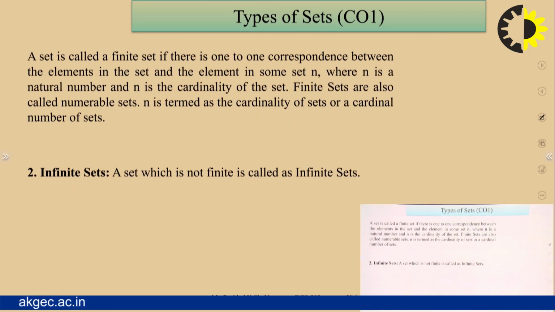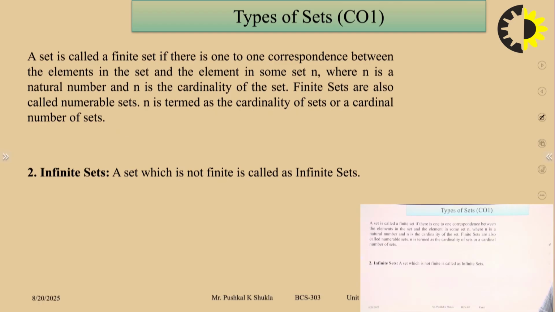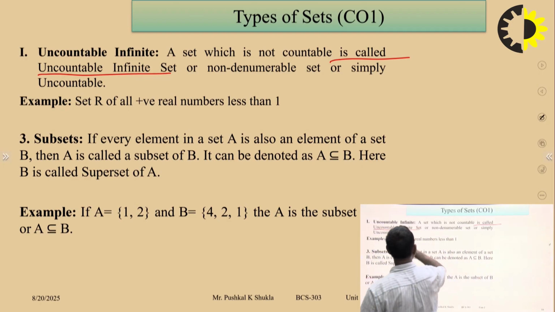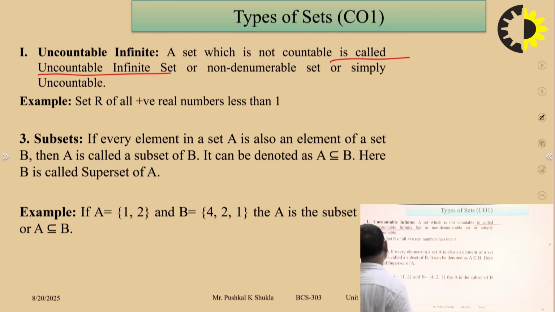Infinite set: a set which is not finite is called an infinite set. For example, the set of even numbers, the set of odd numbers, the set of natural numbers, the set of prime numbers and many more. Uncountable infinite: a set which is not countable is an uncountable infinite set, or non-denumerable set, or simply uncountable.